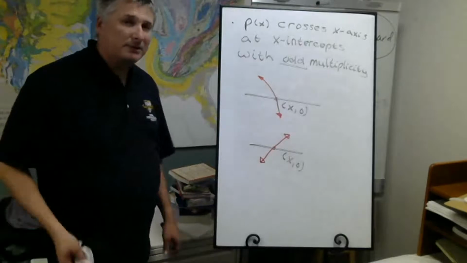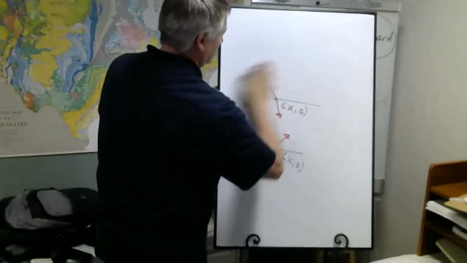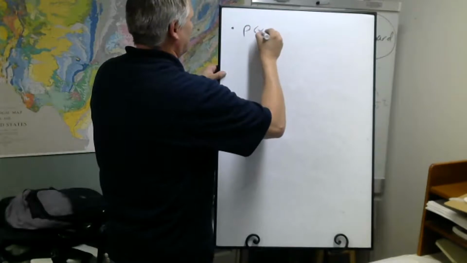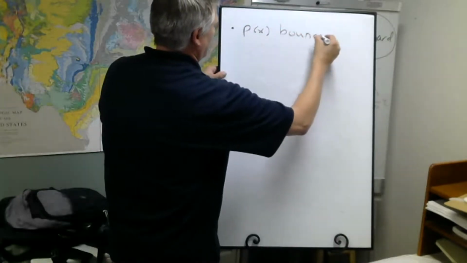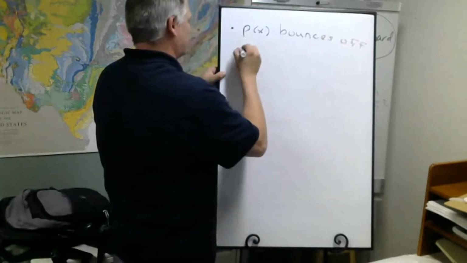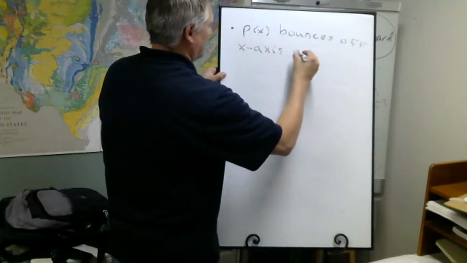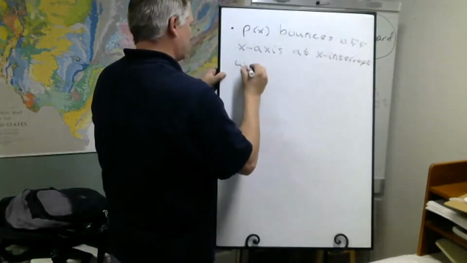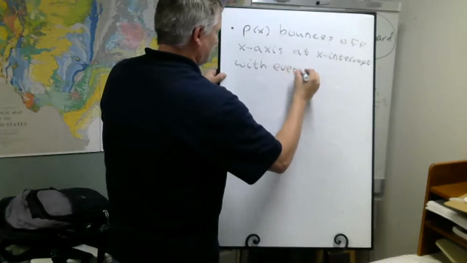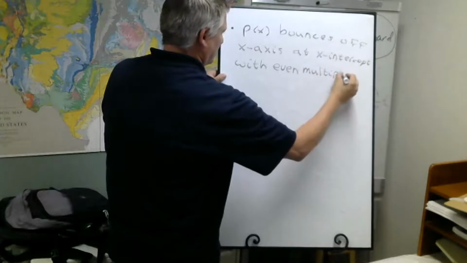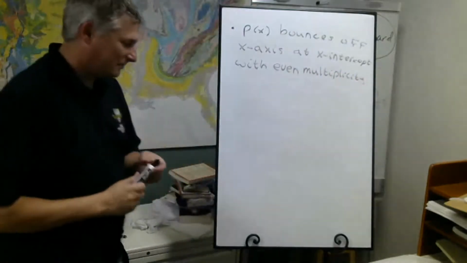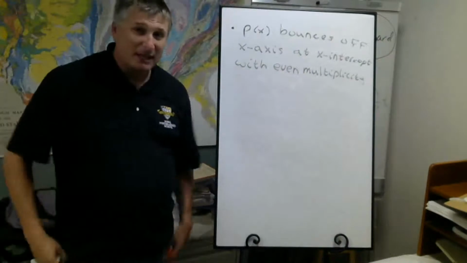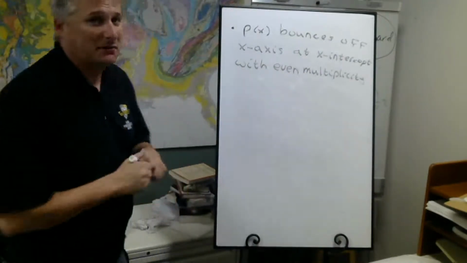Now, if the multiplicity is even, p of x bounces off the x-axis.